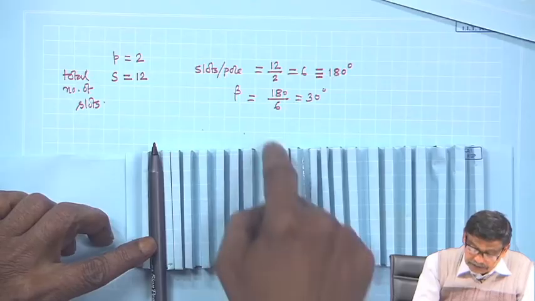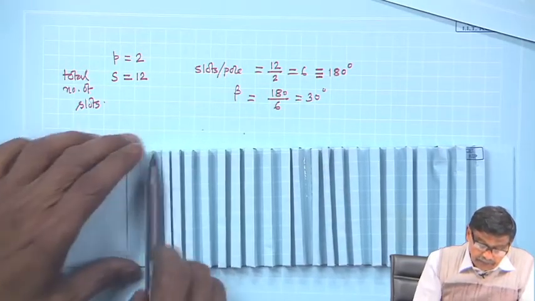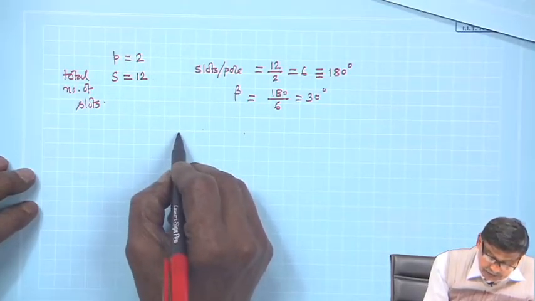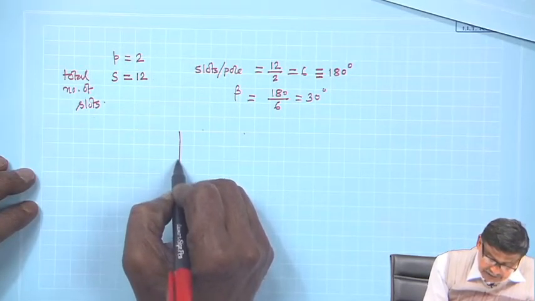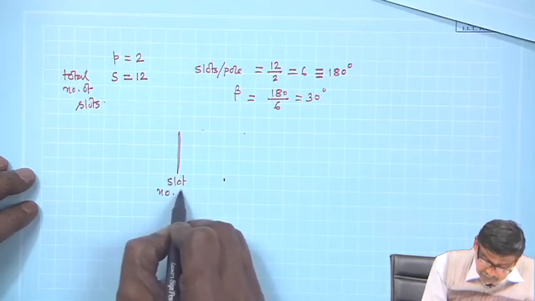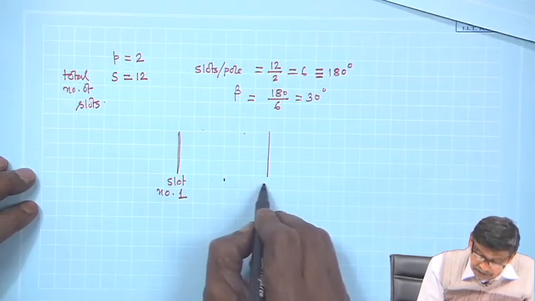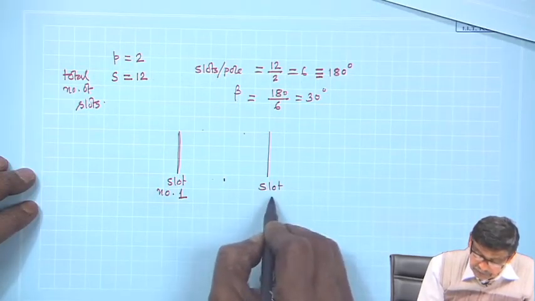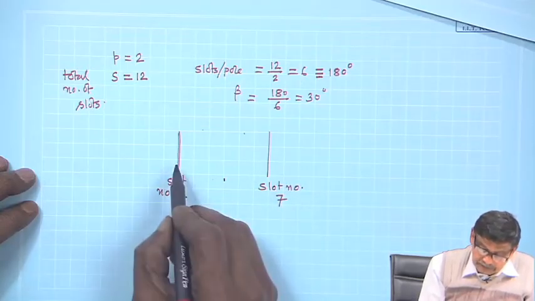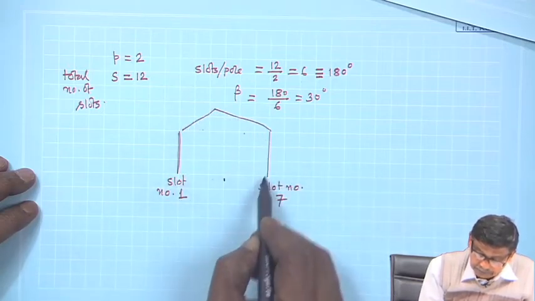So for a full pitched coil, if one coil side is kept in slot number 1, its return should be in slot number 7. They should be 6 slots apart. This is your coil.